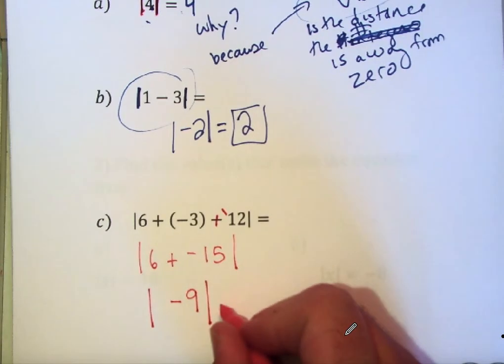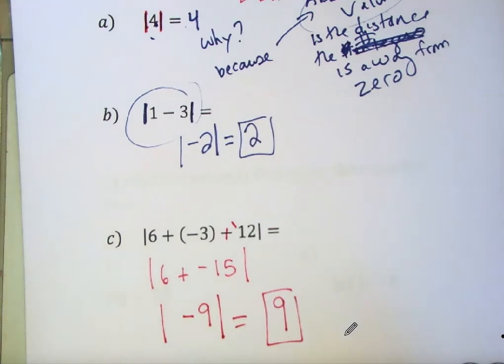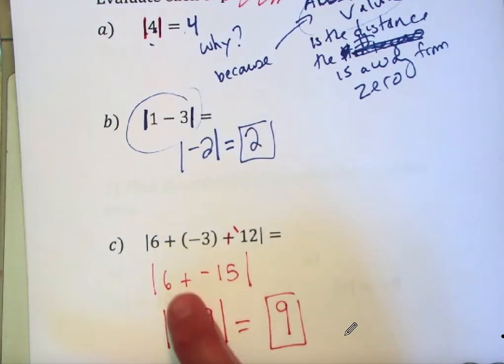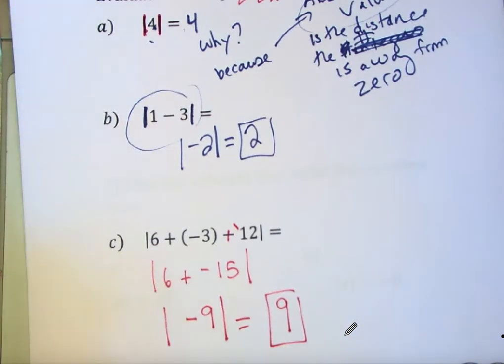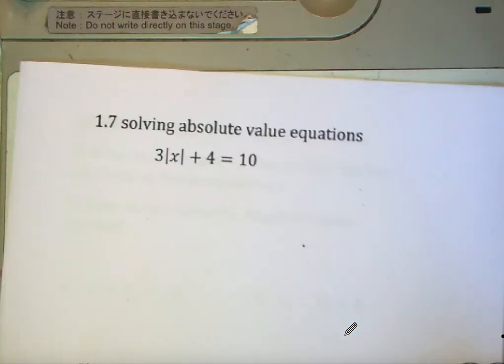And so the absolute value of negative 9 is 9. Are there any questions? Everyone should be okay with it being negative 9. You're at negative 15 and you add 6, so you go up to negative 9.